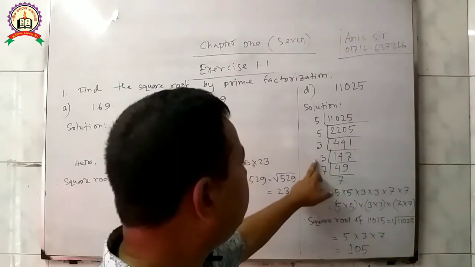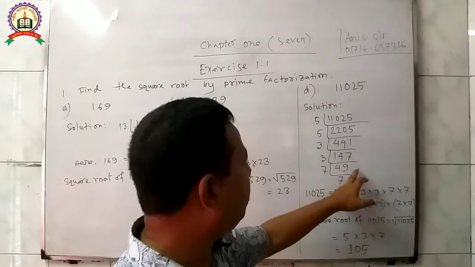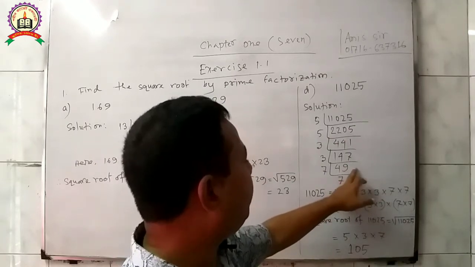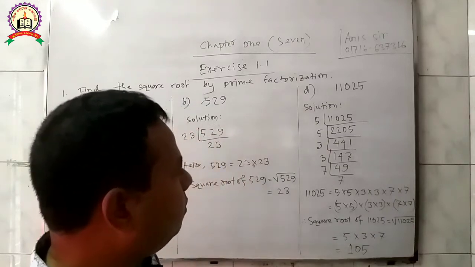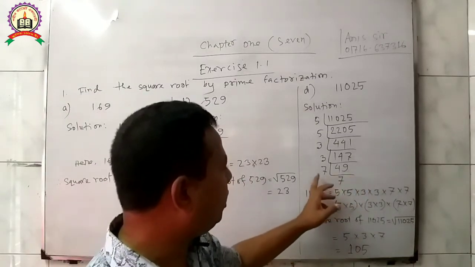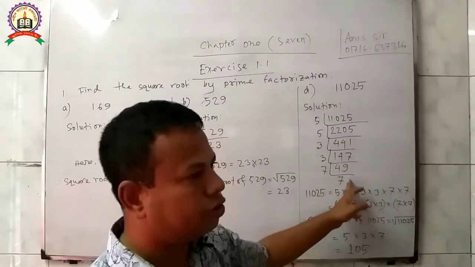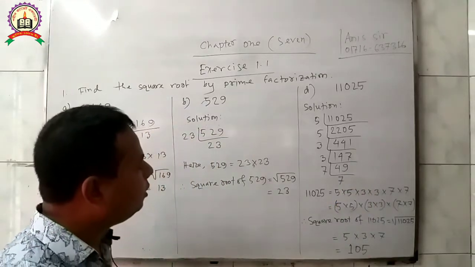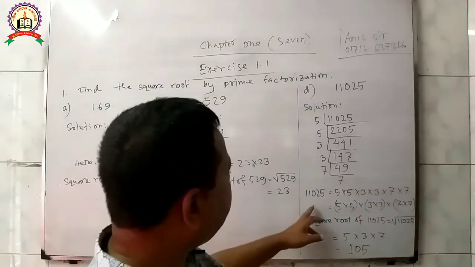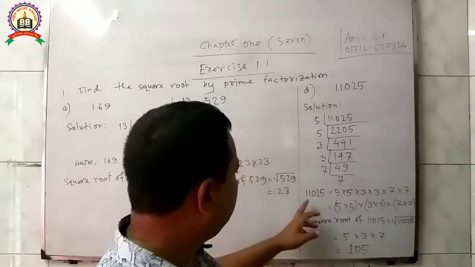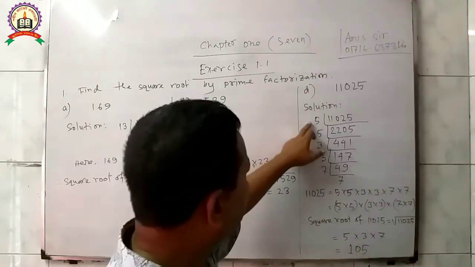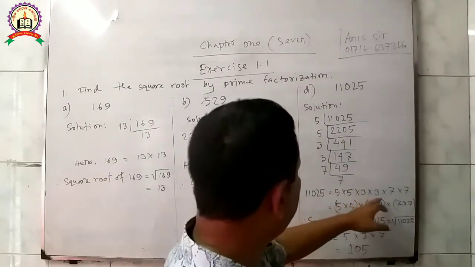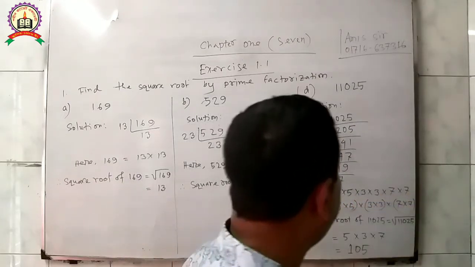Then we get 49, and 49 is divisible by 7. 7 into 7 is 49, so we get 7 as quotient, and now we have the prime factors. So 11025 is equal to 5 into 5 into 3 into 3 into 7 into 7.